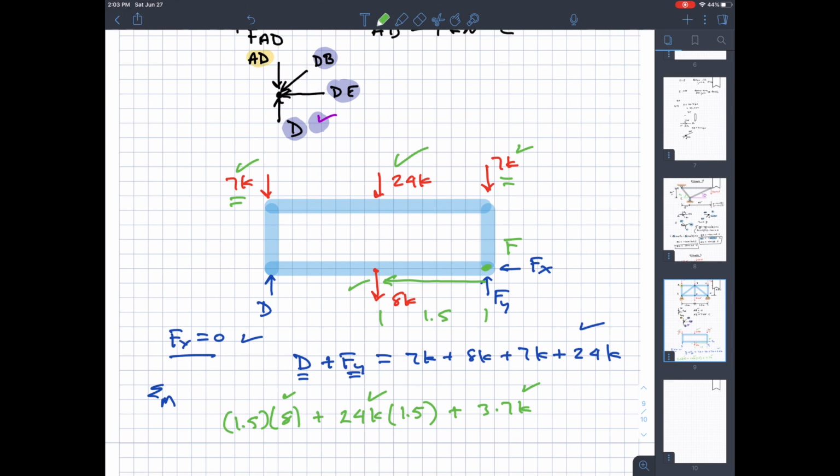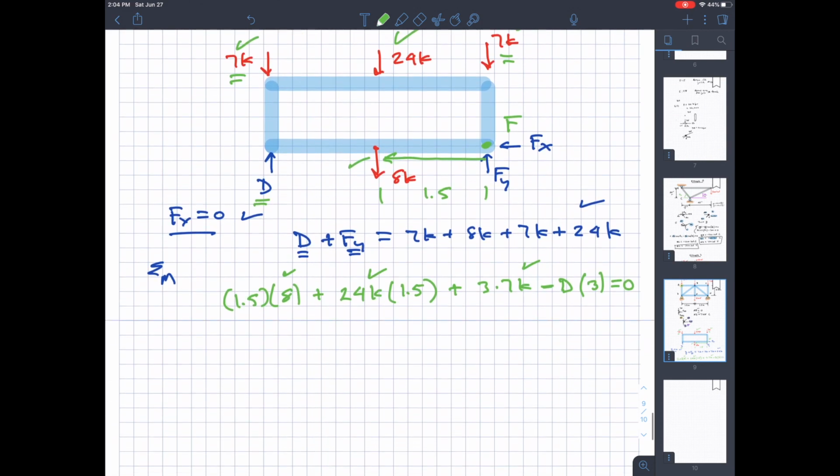So I've taken care of the rotational forces, but then I have minus, this force D causes a clockwise rotation, so it would be minus D times that moment arm, which is 3, equal to 0.